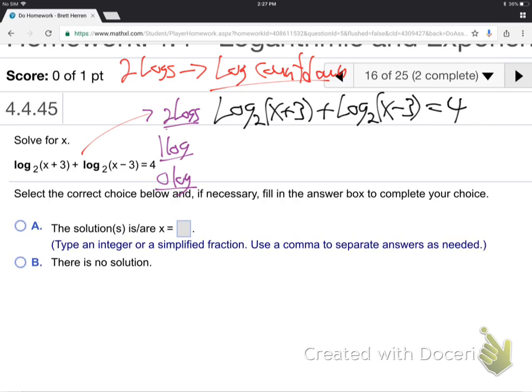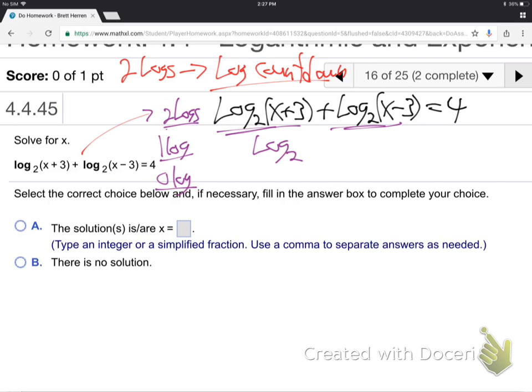Now, how do I go 2 logs, 1 log, no log? How do 2 logs become 1 log? And the base won't change, by the way. That 2 is just glued to the log, right? That's not going anywhere. What's going to happen? How do 2 logs become 1 log? That was last night's homework. Remember the properties? Remember how adding, multiplying, dividing, subtracting work? Remember easier job for 2 people, harder job for 1 person?